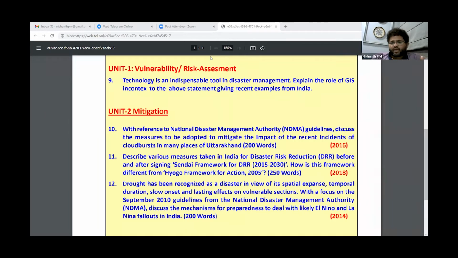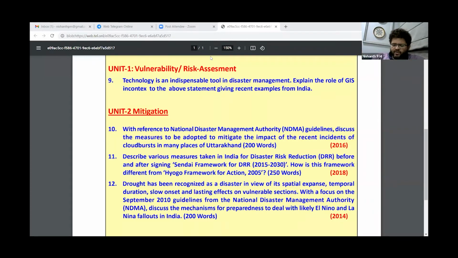Because when we look at the 2016 disaster of Uttarakhand, there were mainly many structural issues: the continuous construction of dams, the occupation of river beds, construction in extremely ecologically fragile zones, construction on hilly slopes.